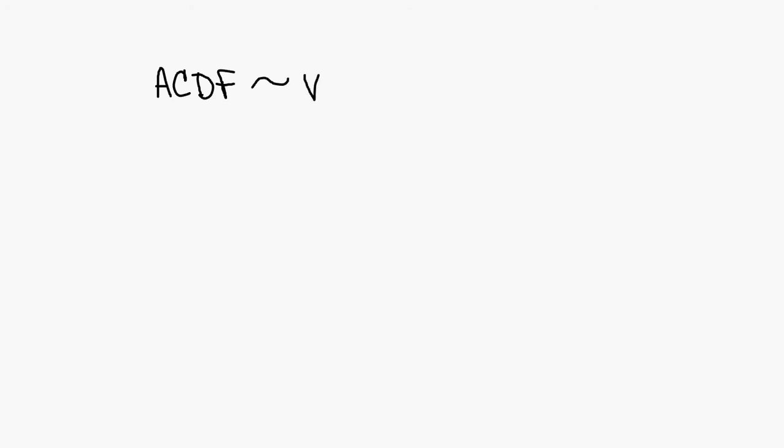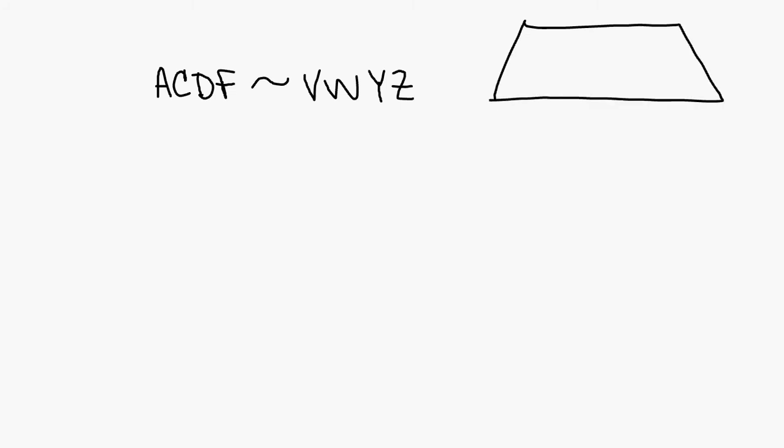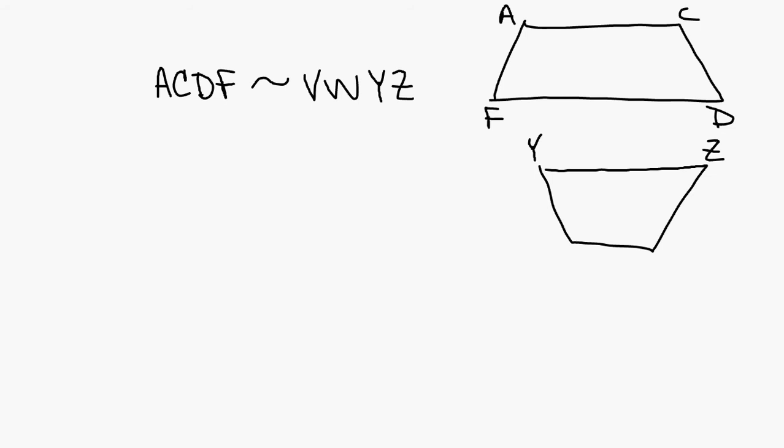You've got this shape up top, and then a shape below it that's a little bit smaller and flipped over, YZVW. So we've got a 12, an x, a 9, a 10, a 6, and a 3y minus 1.